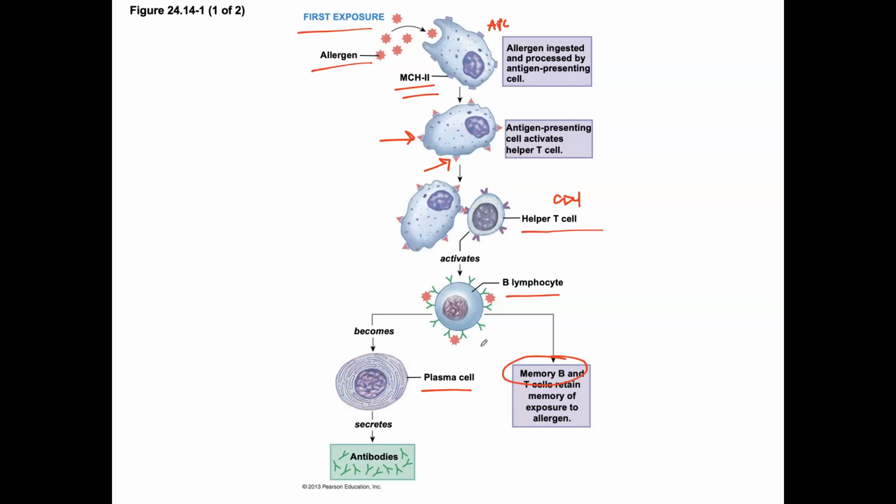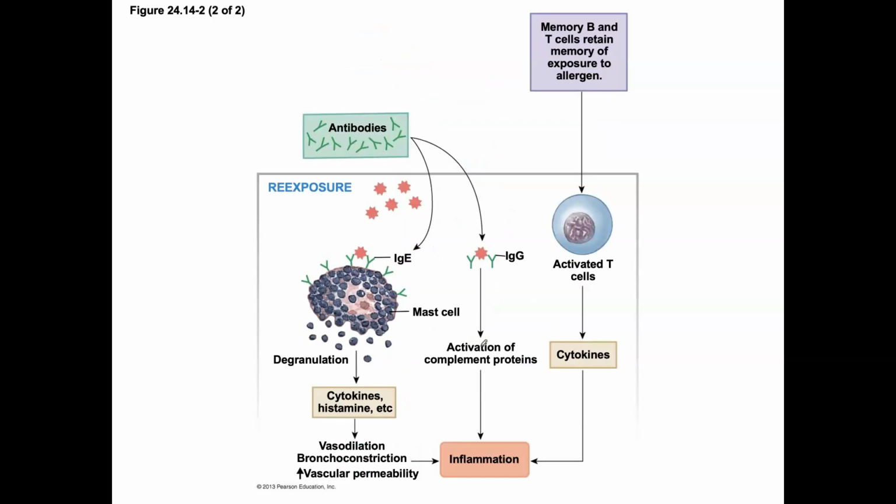So the plasma cells that are produced from the B lymphocytes begin to produce antibodies against the allergen. So what kind of antibodies are we actually producing? Well, the types of antibodies that are produced are the IgE and the IgG antibodies.